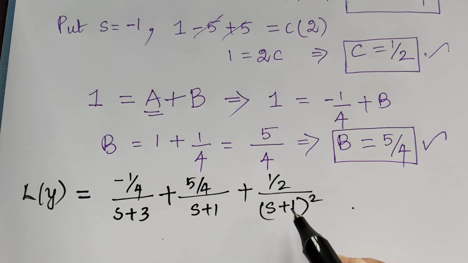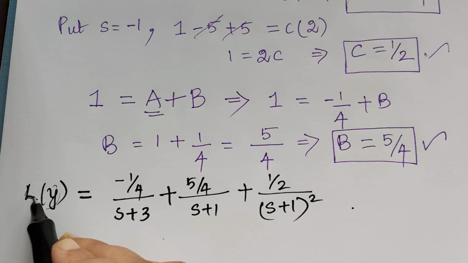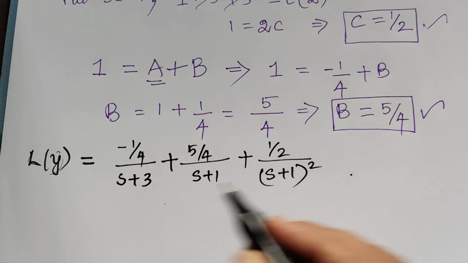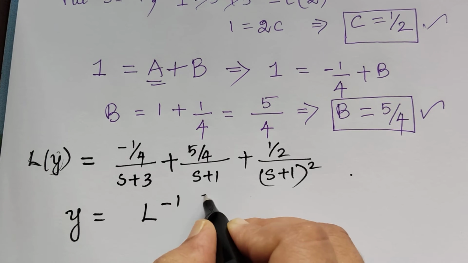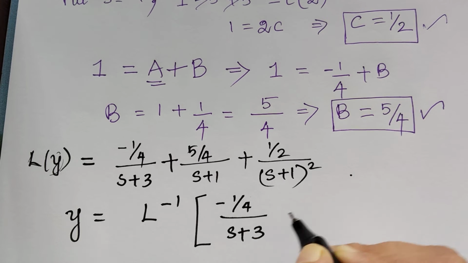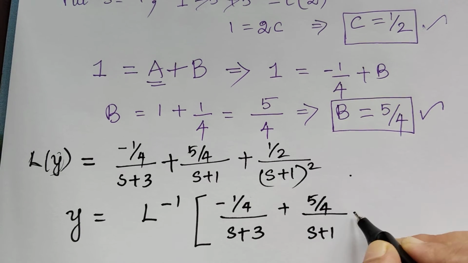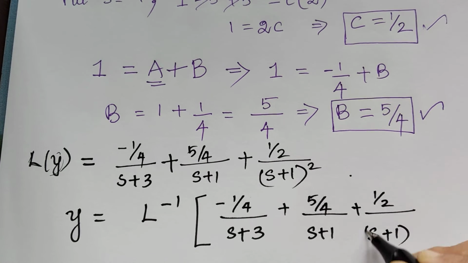Now from this equation, we have to find the value of y, for which we have to take this L operator to the right. So when it goes to the right, y will be equal to Laplace inverse of minus 1 by 4 divided by s plus 3, and then plus 5 by 4 divided by s plus 1, plus 1 by 2 divided by s plus 1 the whole square.